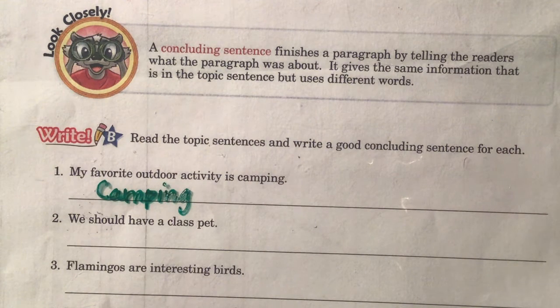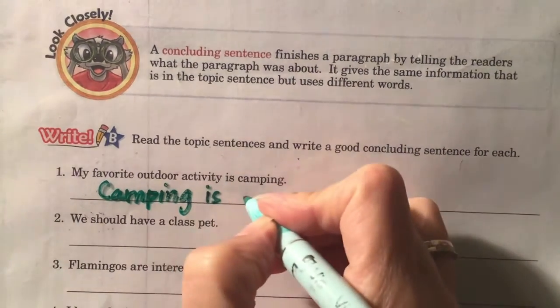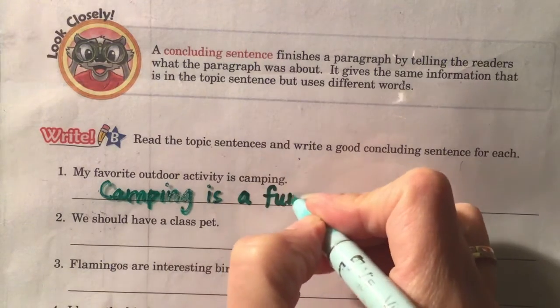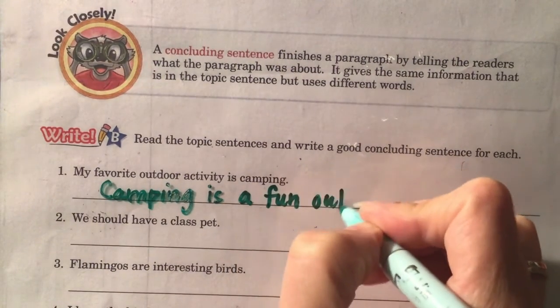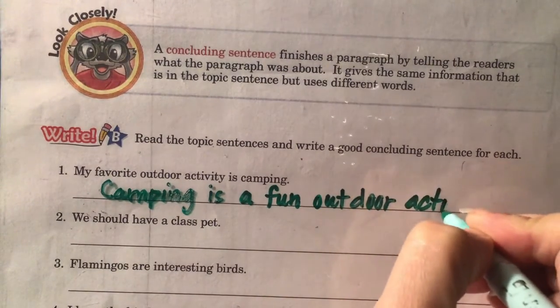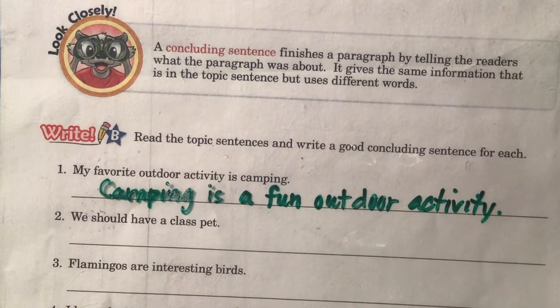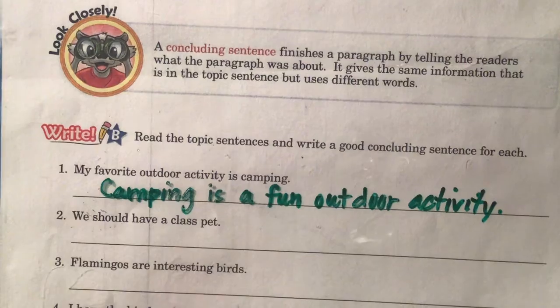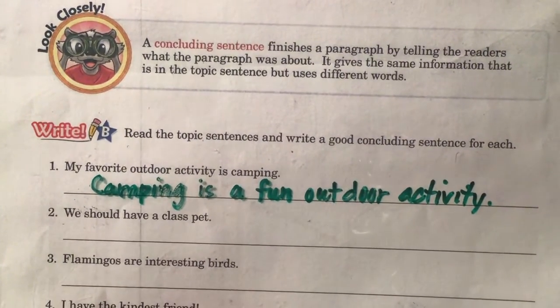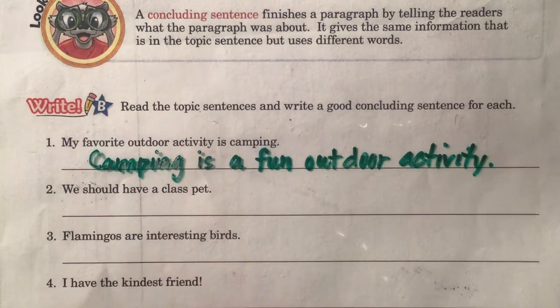So you could say camping is so much fun, or camping is a fun outdoor activity. Maybe you just wanted to say camping is fun. Again, like we talked about before, there's no one right answer. There's several different possibilities that we could come up with, and they would all be perfectly fine. They would be good answers.